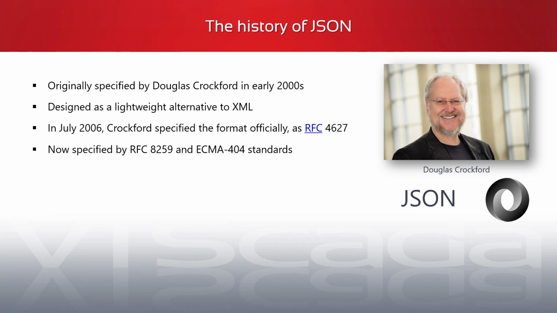In July 2006, Crockford specified the format officially as RFC 4627 and then further refined that in RFC 8259 and the ECMA 404 standards. Now, lots of numbers there, but the takeaway from that should be that this is a really well-defined, well-documented structure that is used in industry and is well understood.